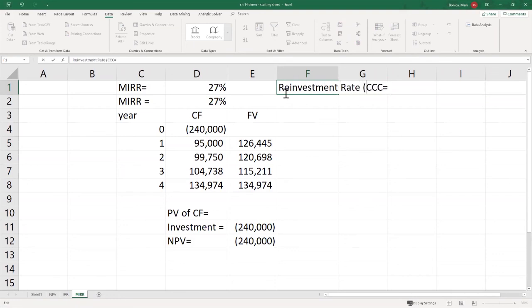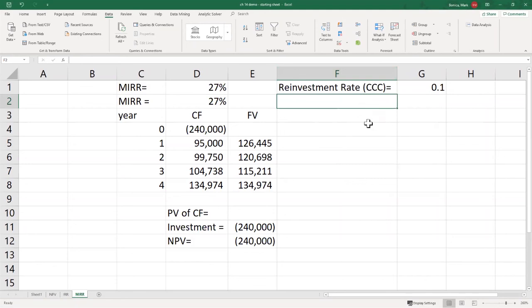And I'll just put CCC in parentheses, and extend that cell out, right? So remember, we're not using the corporate cost of capital per se. What we're using is the reinvestment rate. And in this case, we happen to be using the corporate cost of capital as our reinvestment rate.